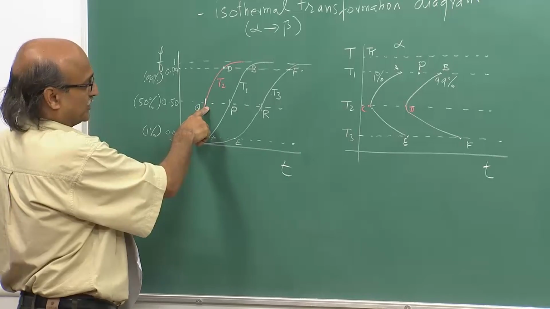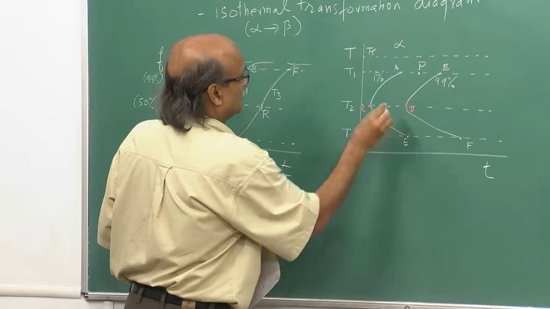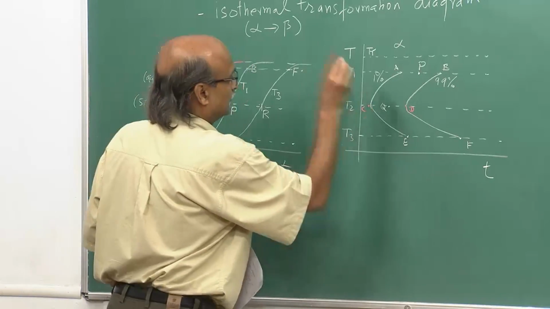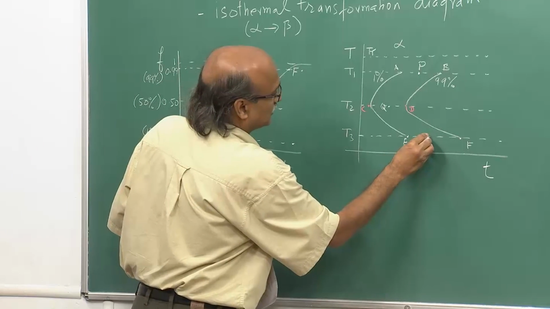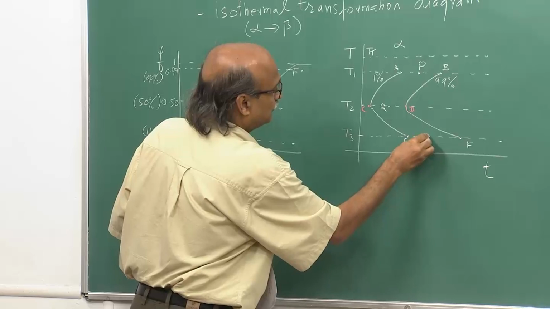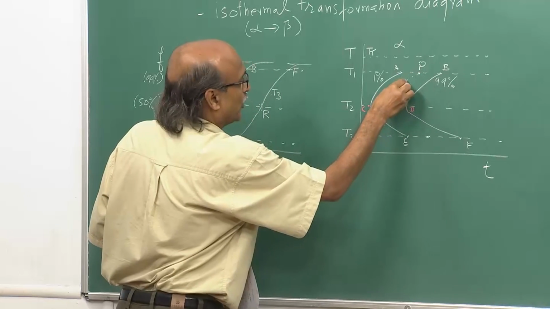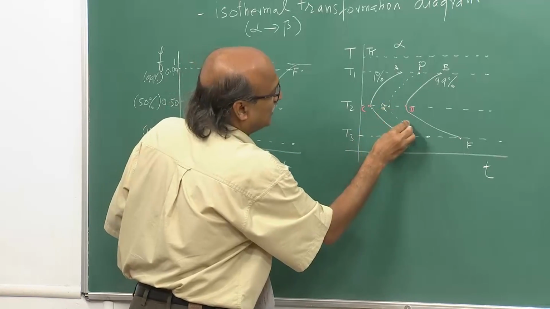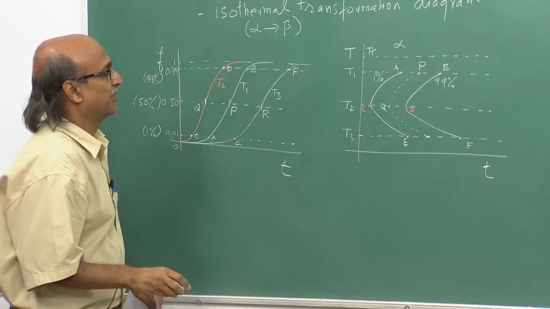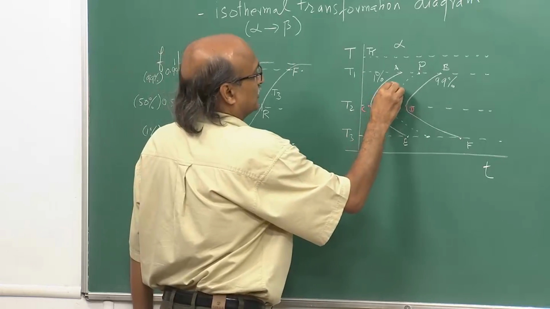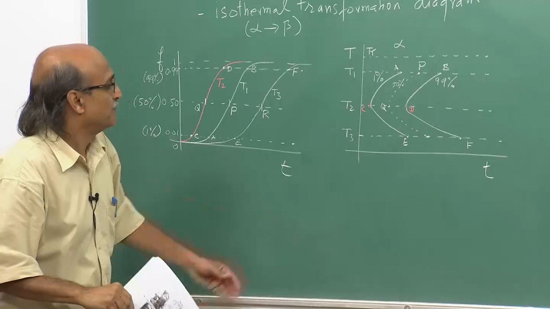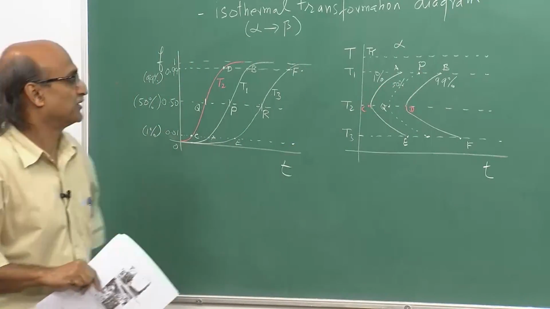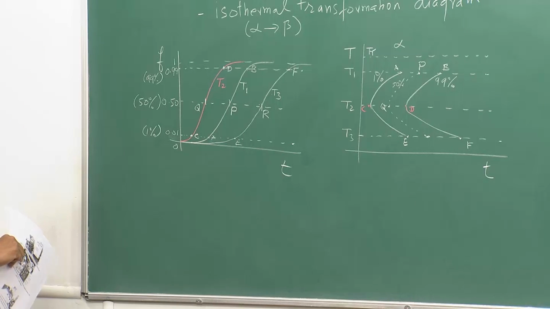Point Q is for temperature T2, so point Q will fall somewhere here, and point R would fall on the temperature T3 line. And one can join these 3 points as well, and I will get on this diagram the 50% transformation complete line. Similarly, one can have lines for other percentages of transformation.